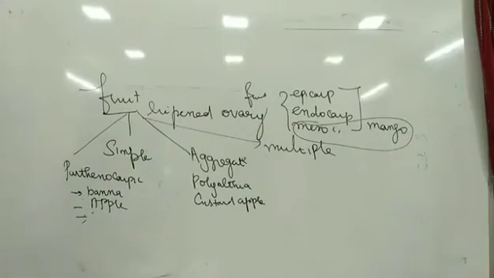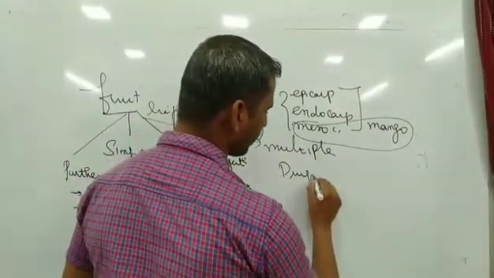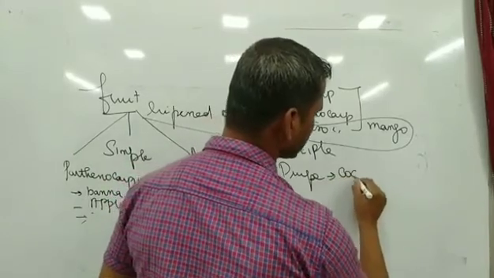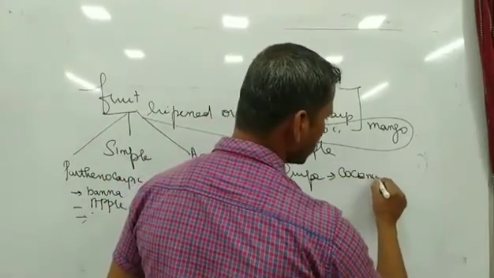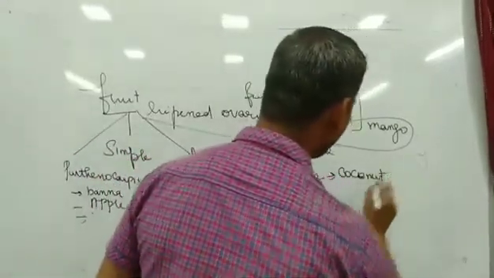Another kind of fruit we call drupe. This is very common in coconut. Which part of the coconut is edible? This part is called endosperm.